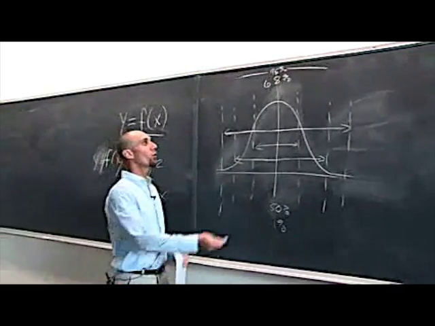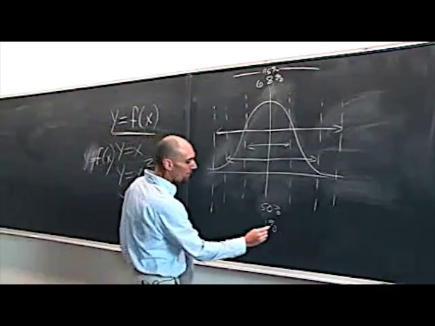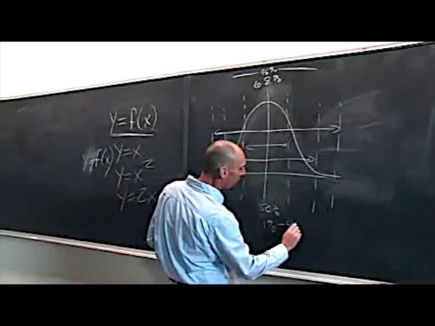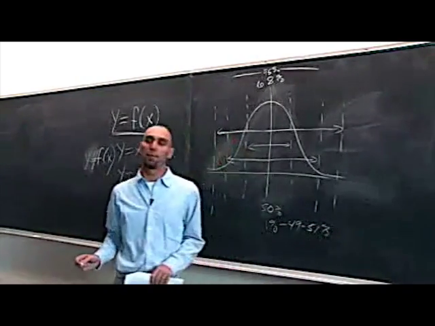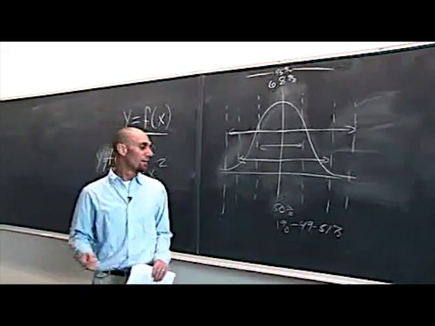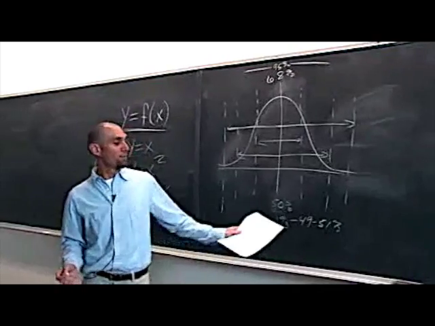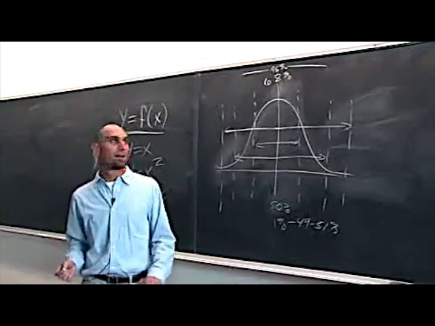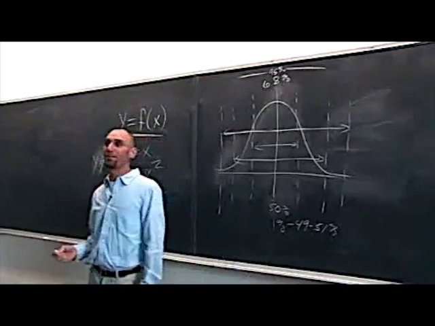Well, what we would know is that 68% of the people we polled rated Obama's performance somewhere between 49 and 51%. That's pretty precise. We would know that 95% are somewhere between 48 and 52%, and virtually everyone is somewhere between 47 and 53%.